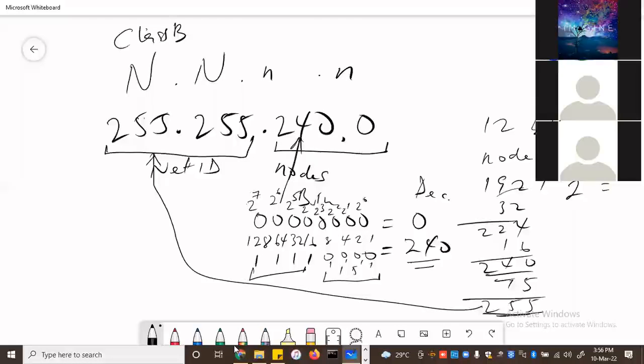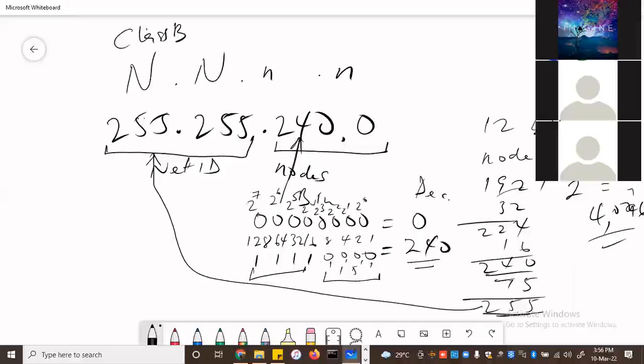which is what? What's 2 raised to the power 12? Anybody? Anybody, guys? What is 2 raised to the power 12? It's 4096. 4096 IP addresses.